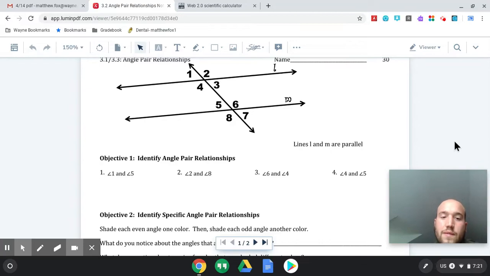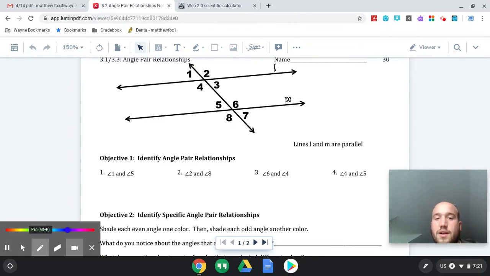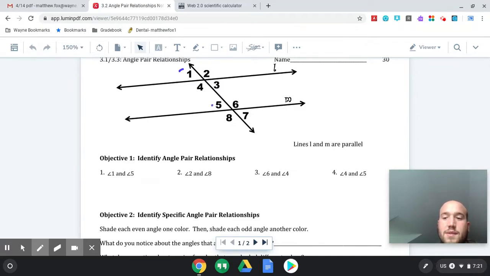Okay, so when we look here, let's start off and identify some different angle pairs. So 1 and 5. 1's right here, 5 is right here. Up to the left, up to the left. Hopefully you remember those are what we call corresponding angles.